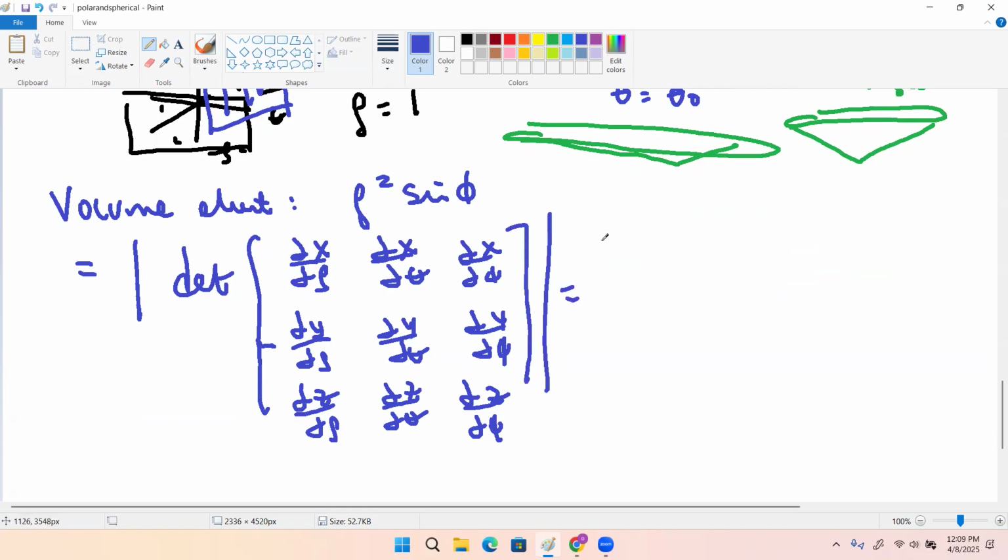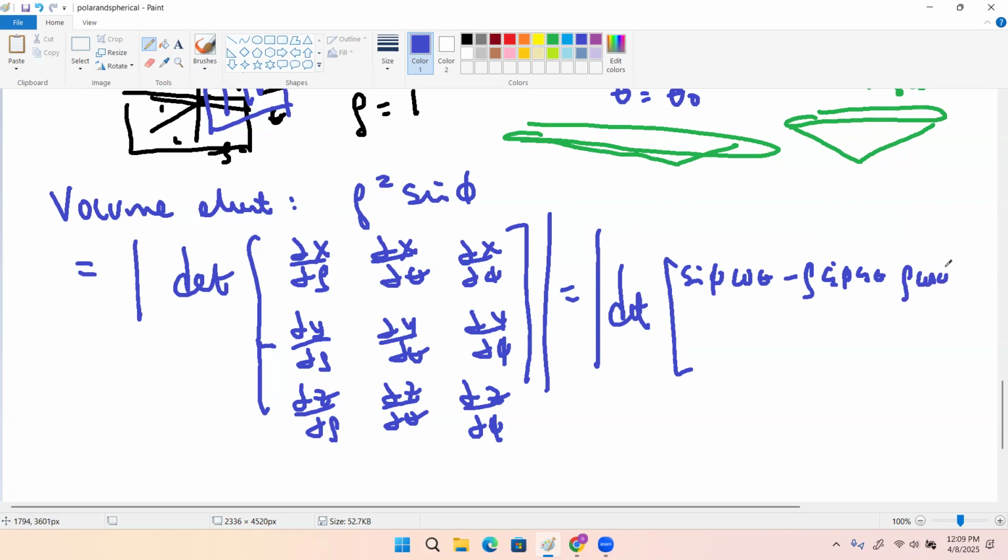And that turns out to be the absolute value of the determinant of, well, that's going to be sine phi cosine theta, minus rho sine phi sine theta, and rho cosine phi cosine theta.